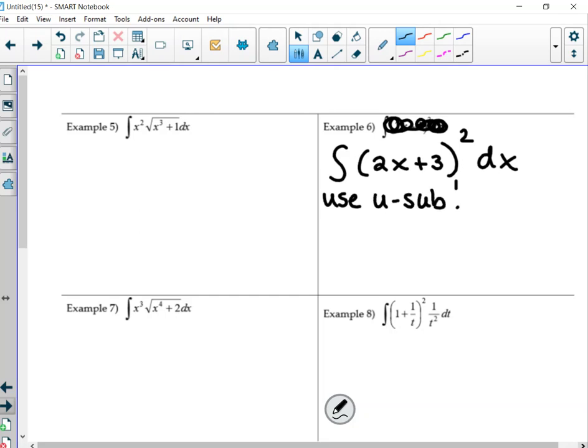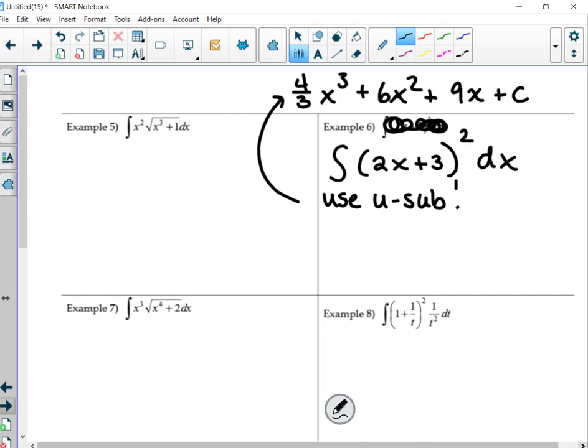Try using u substitution on that problem to get the antiderivative, and we'll see if what we end up getting is equivalent to this. I'm going to cheat a little bit to check their equivalency because I don't feel like doing all the algebra, but that's okay. All right, try u substitution on that.